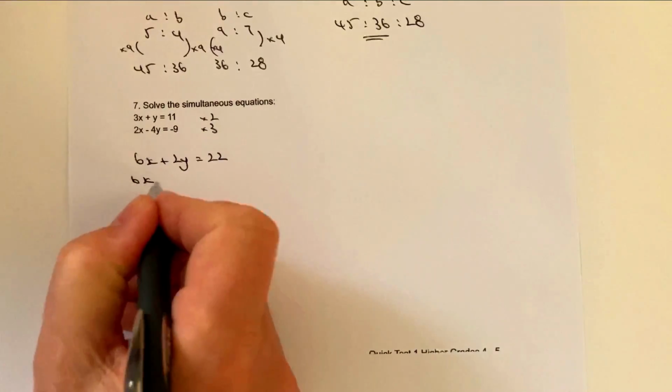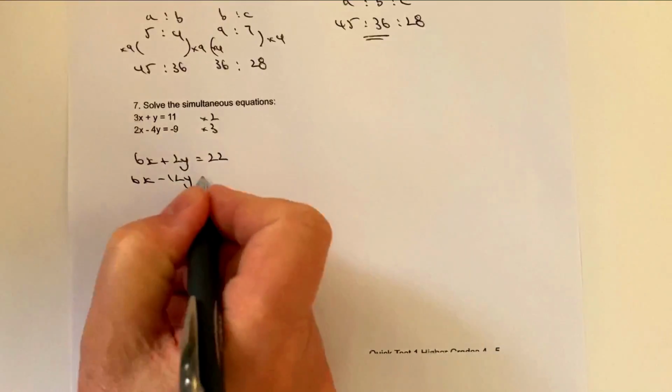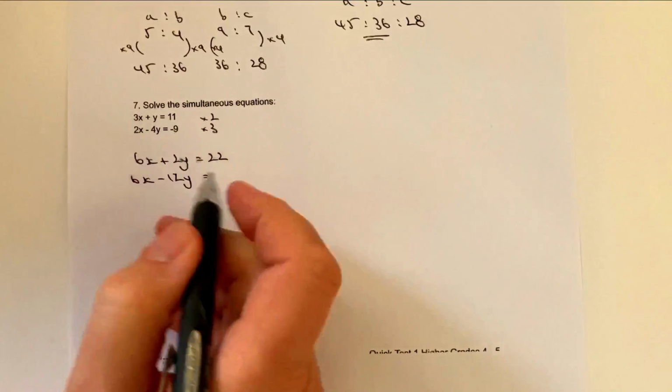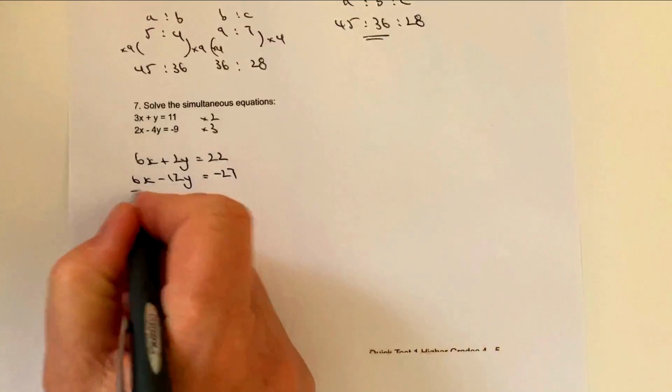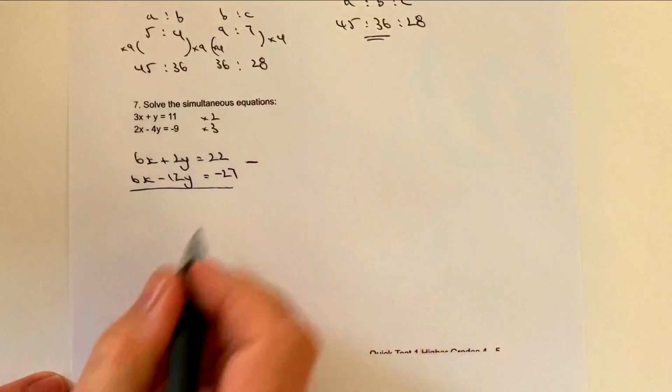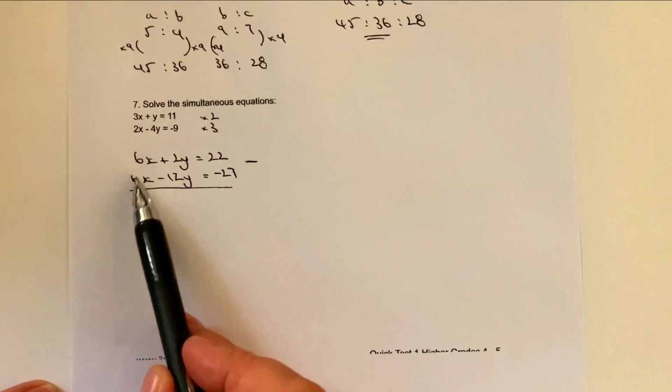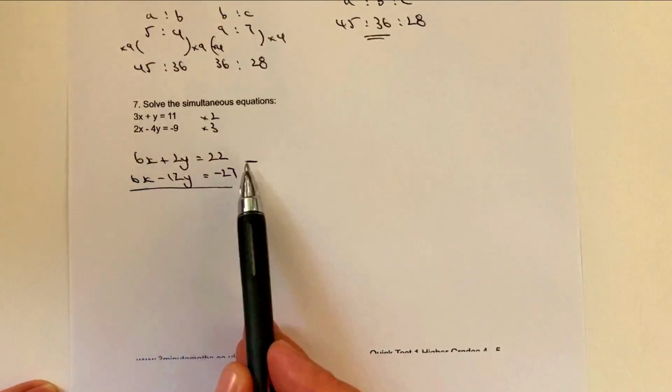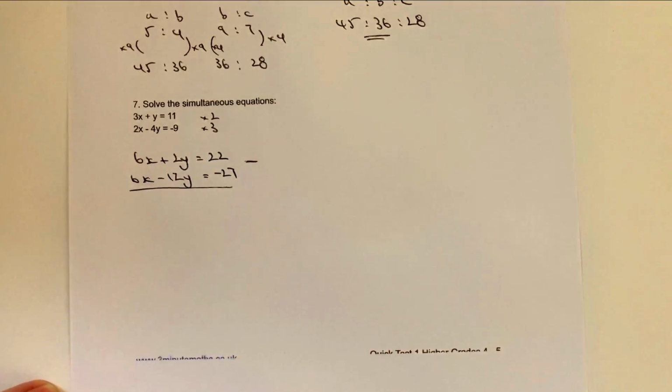So I'm going to get 6x minus 12y, and that equals 3 times minus 9 is minus 27. Now this one is a little bit trickier because I've got these minuses knocking around, but we'll give it a go and see if we're okay with it, because we've got to subtract these two equations in order to get rid of the 6x's. 6x minus 6x is 0.